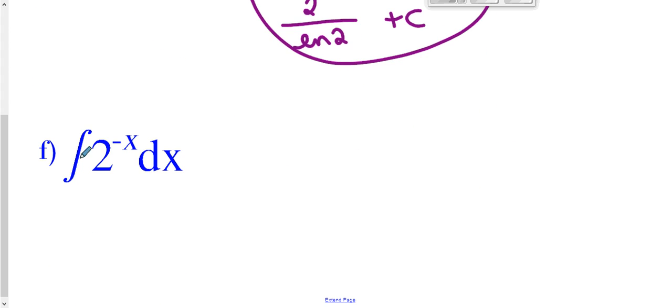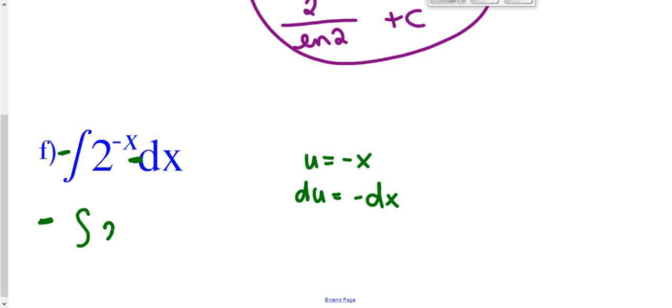Now, do be careful. Let's look at this last example. The integral of 2 to the negative x. Now, this is not just an x exponent. So this is an integral, so it does require u substitution. So u is negative x, which means du is negative dx. So you need a negative in there. You need to multiply a negative, which means you need a negative on the outside. So this is really the integral of 2 to the u du.